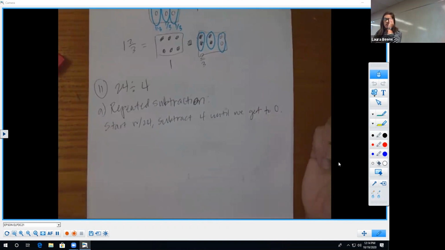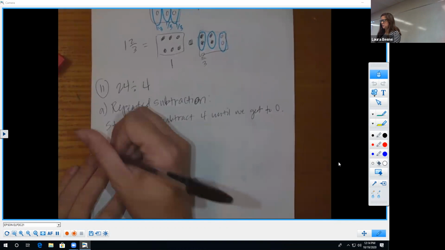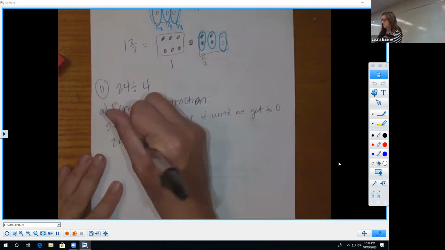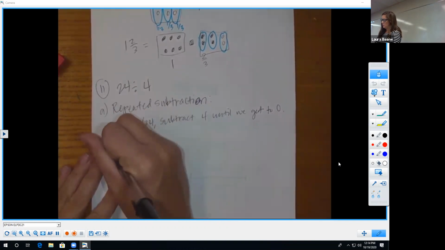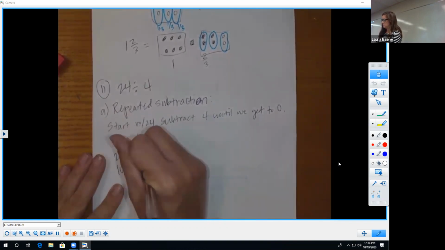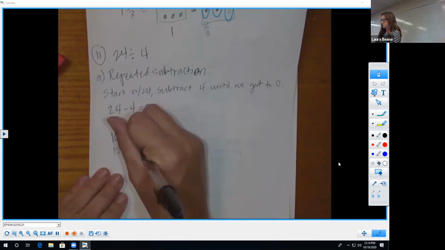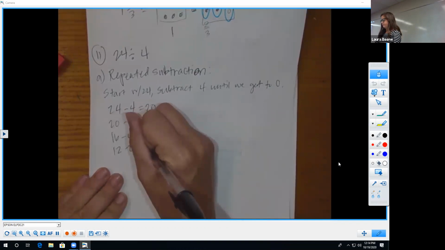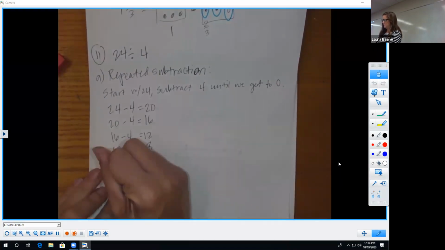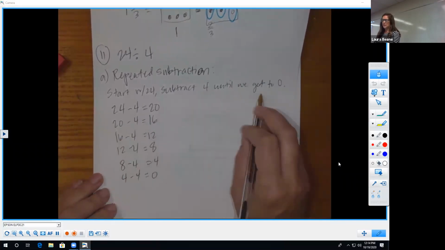You could use a set model for that, or you could just literally subtract off 4. So 24 minus 4 would give me 20. 20 minus 4 gives me 16. 16 minus 4 is 12. 12 minus 4 is 8. 8 minus 4 is 4, and then 4 minus 4 is 0. So we subtracted 4 until we got to 0.